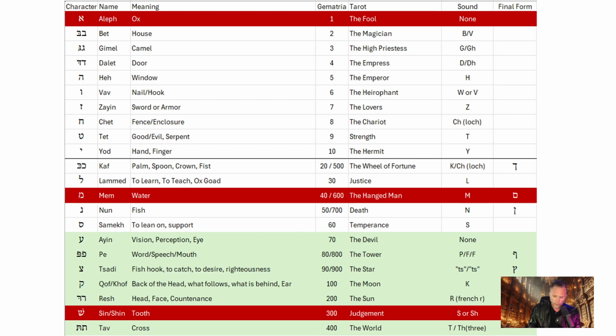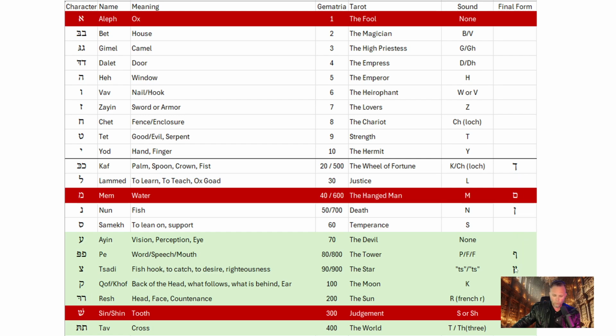We will not enter into a discussion concerning the pointing system here, but such information is readily available in modern Hebrew texts. Please note that 5 of the letters, Kaf, Mem, Nun, Peh, and Zadi, have 2 forms associated with them. The second version of these letters are called finals, and if you look on this sheet here, you'll see those 5 letters right here.